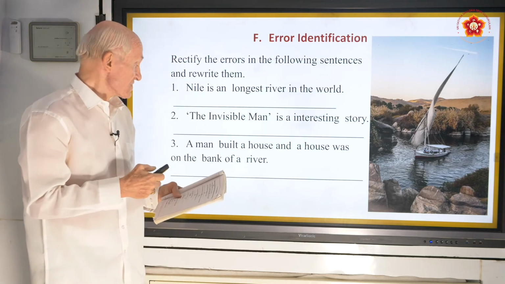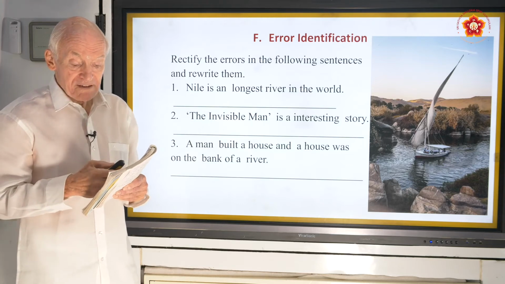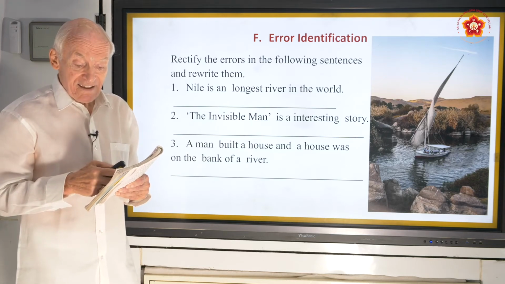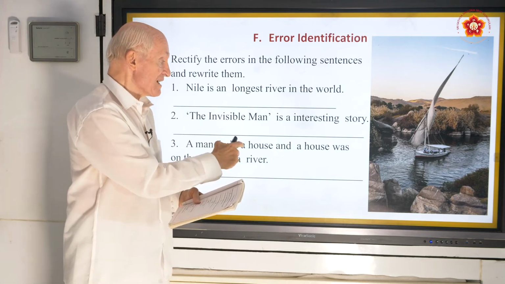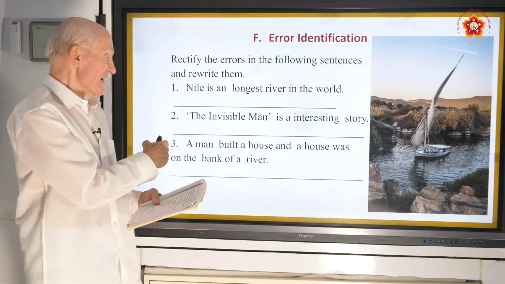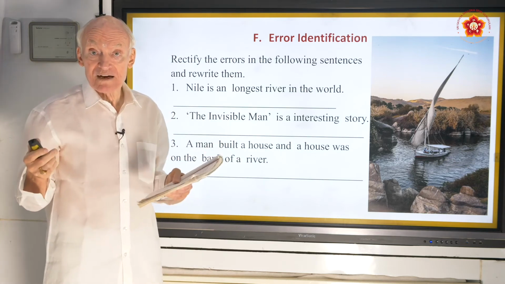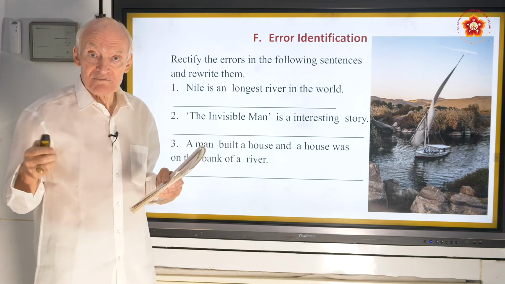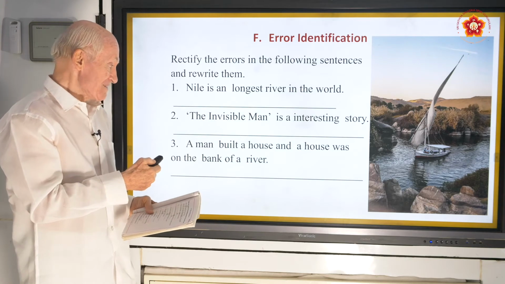Let's go to the next question. A man built a house, and the house was on the banks of a river. But we have here, "a man built a house, and a house was on the banks of the river." So we already identified, a man built a house. His house is on the bank of a river. So let's see if we're right.